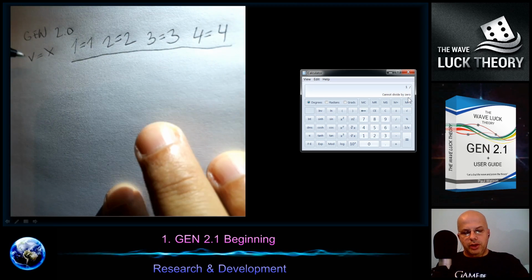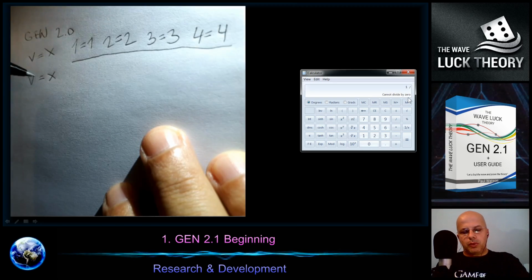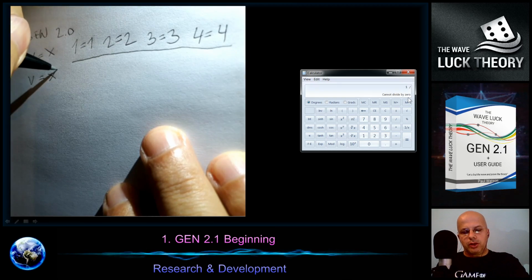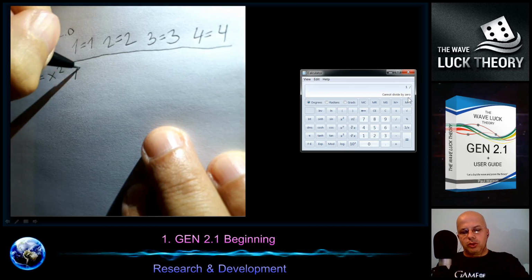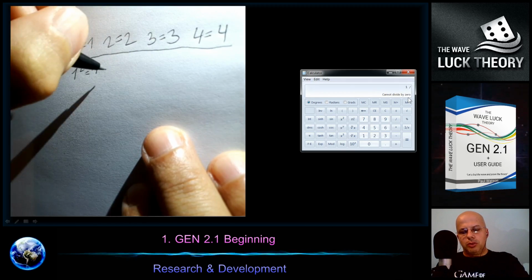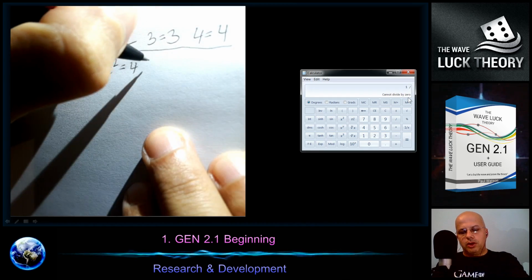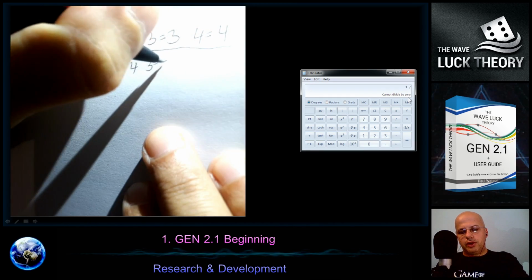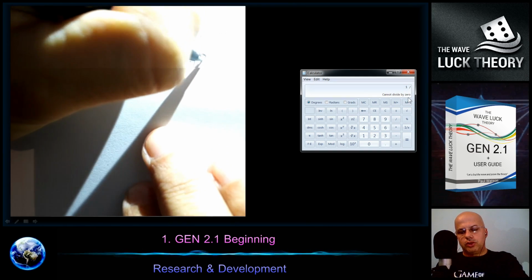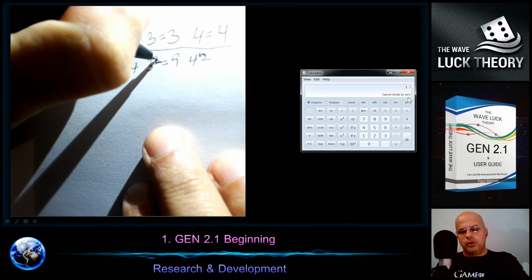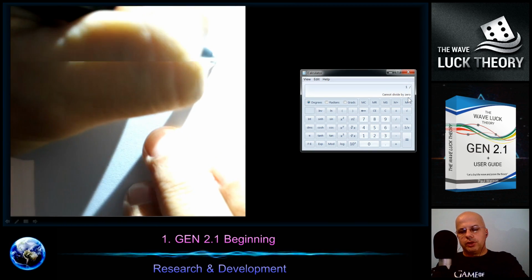But the other way is that we can square the value, or raise it to the power of 2. So in our case 1 squared is 1, but 2 squared is 4, 3 squared is 3 times 3 is 9, and 4 squared is 16.